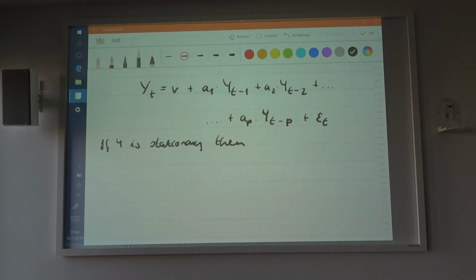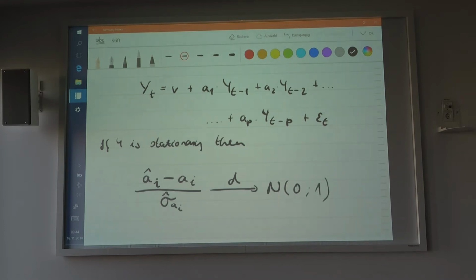Here you have the estimator minus the true value, taking the ith coefficient: the estimator of the ith coefficient minus the true value, divided by the standard error of the coefficient Ai. This is asymptotically normal, so it converges in distribution to the standard normal distribution.